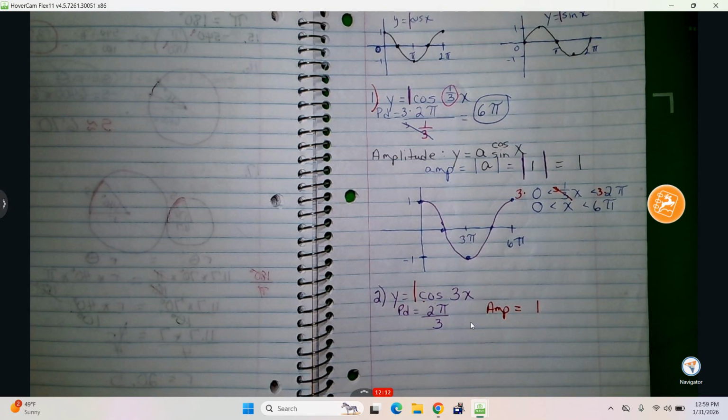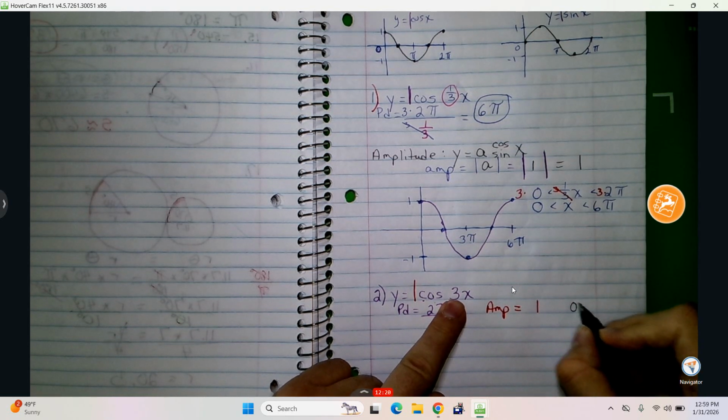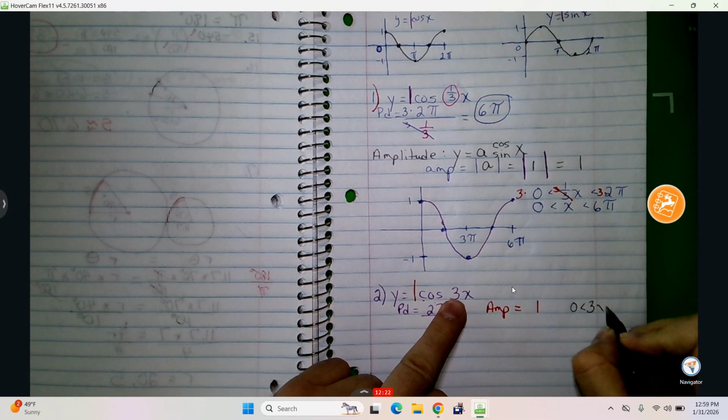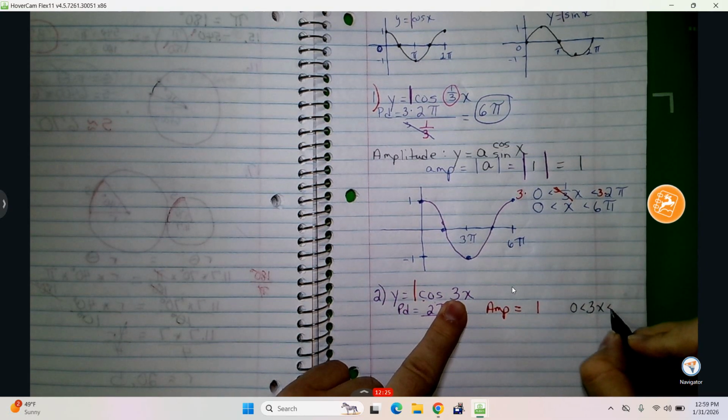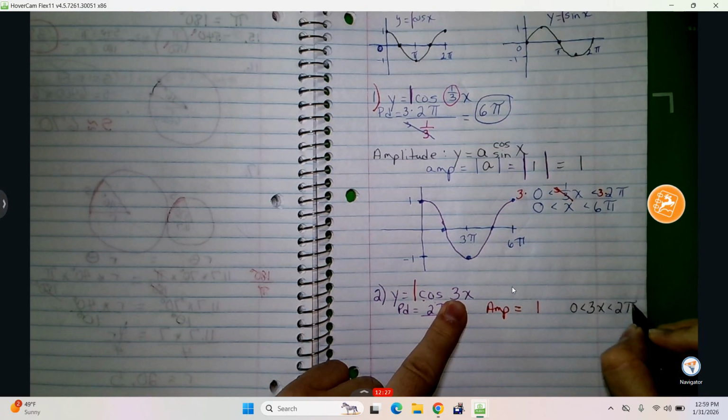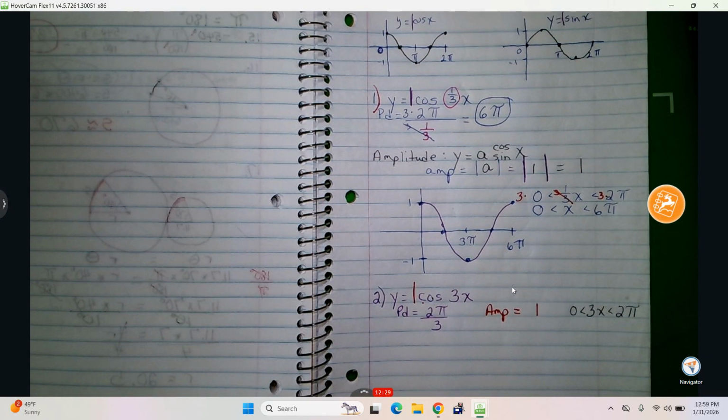Let me go ahead and punch those. You know what? Why not go ahead and graph it? And then I'll punch it in. Okay. 0 to 2 pi. Let's isolate the x. And that will tell us.